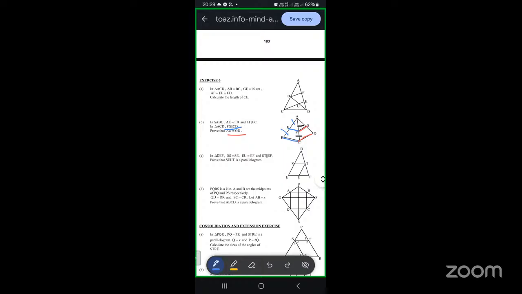We are given that FG is parallel to CD, and we know that AF is equal to FC. So now using the midpoint theorem, is AG not equal to GD? It is, sir. Yes, it is. Therefore, now you have proved that AG is equal to GD. You are done just like that using the midpoint theorem.